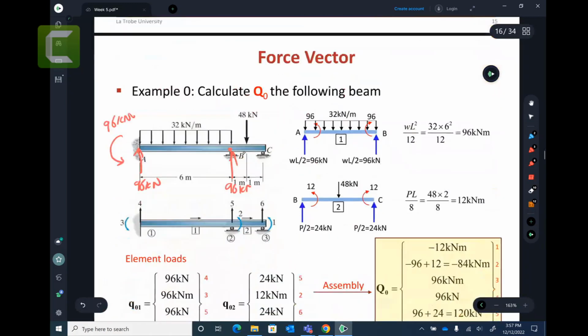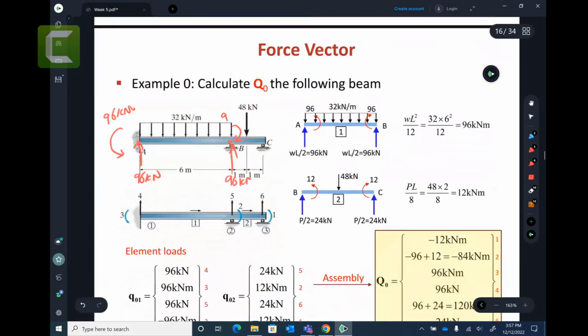Direction is important. Don't change those directions. That is 96 kilonewton meters. I hope you understand that the stiffness method does not like this 32 kilonewtons per meter. So we recalculate how much nodal force goes onto these nodes. Therefore you have 96 kilonewtons and 96 kilonewton meters as the nodal forces.